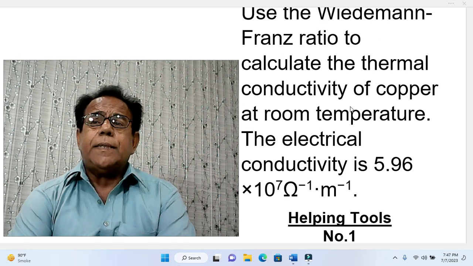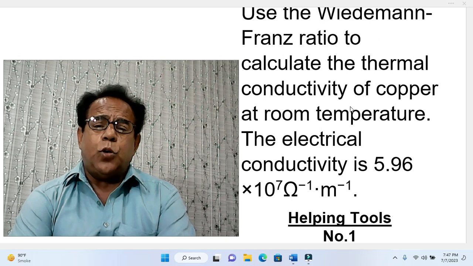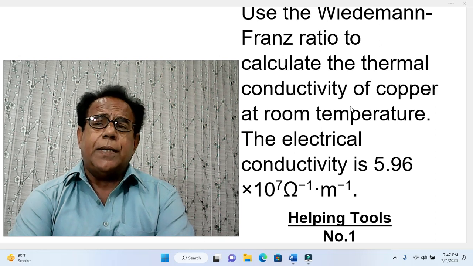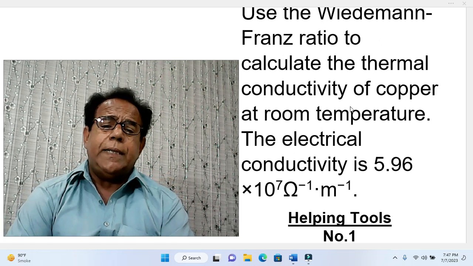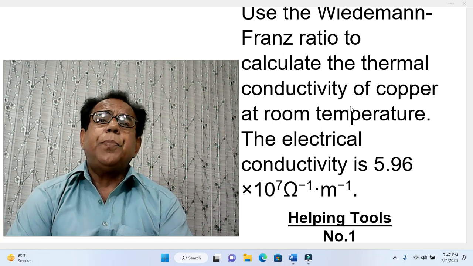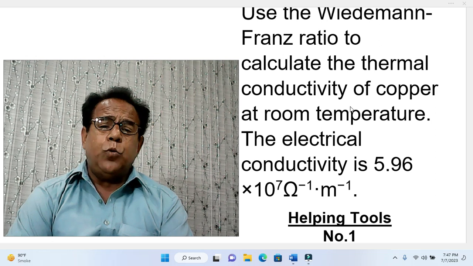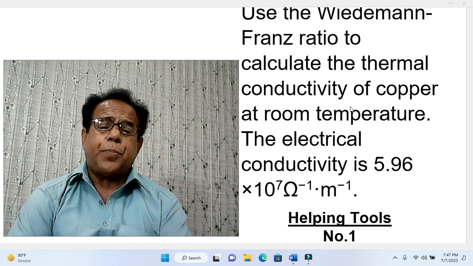This temperature can be converted into Fahrenheit and then Kelvin. When we convert it into absolute temperature Kelvin, this figure becomes about 293.15 Kelvin.